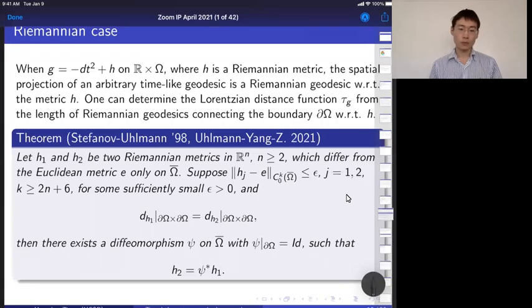For two Riemannian metrics which differ from the Euclidean metric only inside some bounded domain omega, and which are close to the Euclidean metric in some C^k norm, if the distance functions of these two metrics are the same, then one can conclude that there exists some diffeomorphism so that h2 is a pullback of h1.